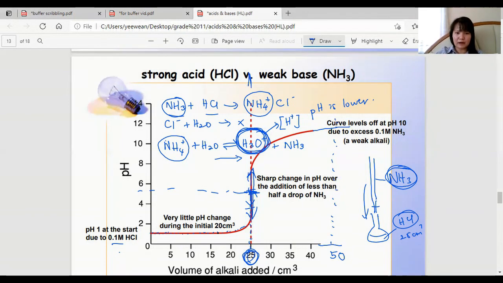So right in the middle, that would give me my buffer region. At this point, the concentration of the salt and the weak base is the same, so pKb will be equal to pOH.